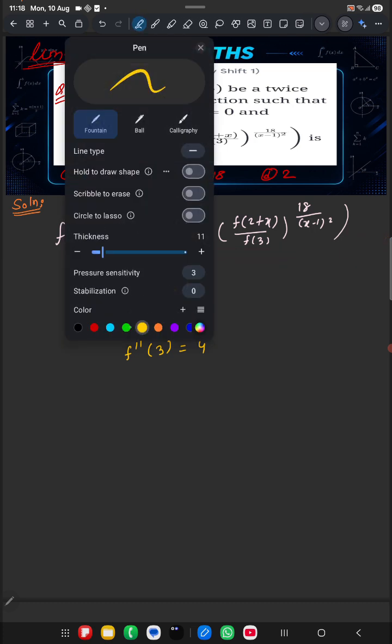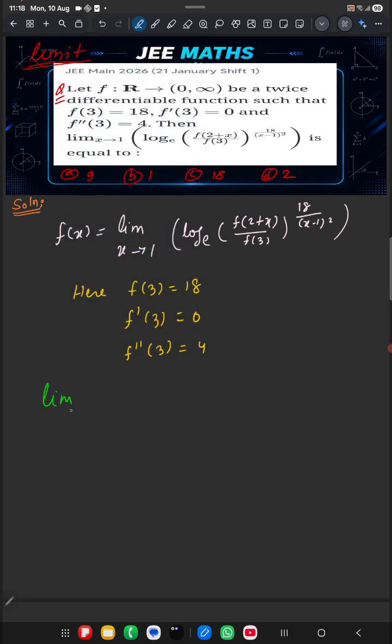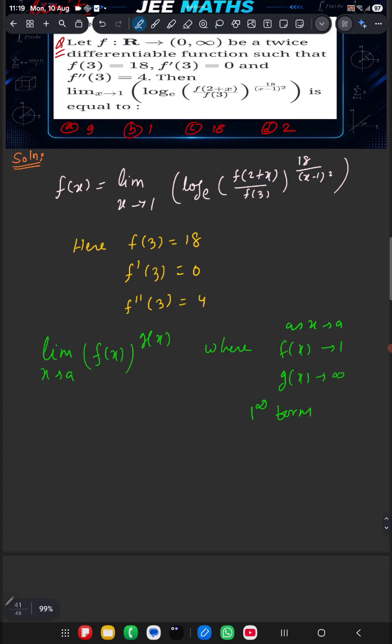For that, one formula is that whenever you have a limit, suppose x tends to a, and you have an expression like f(x) power g(x), where f(x) tends to 1 and g(x) tends to infinity, meaning 1 to the power infinity form, then its limit will be calculated as e raised to the power of the limit x tends to a of g(x) into (f(x) minus 1).